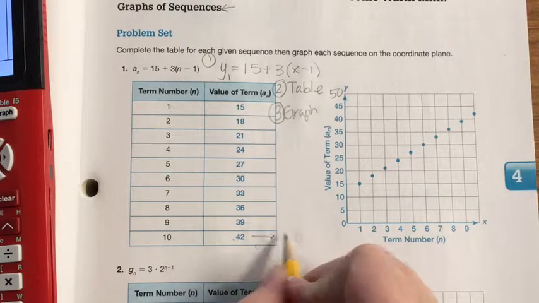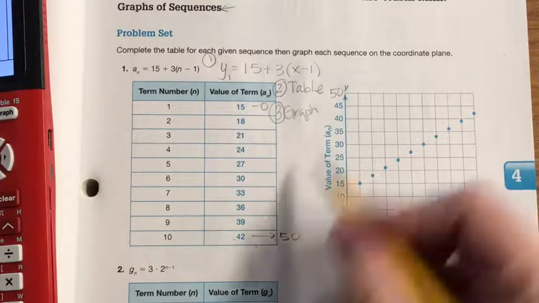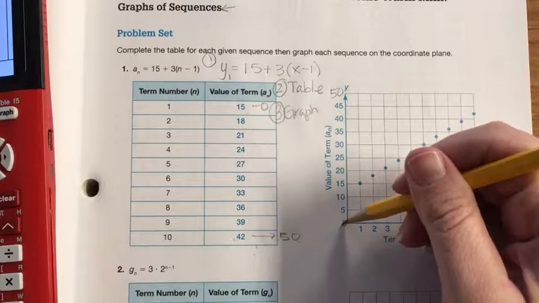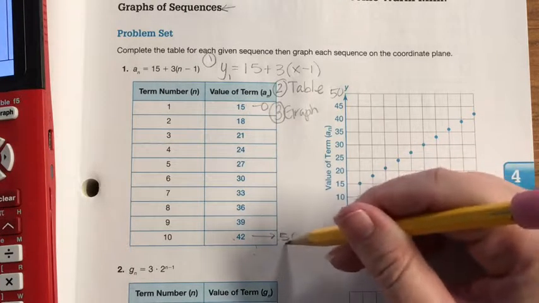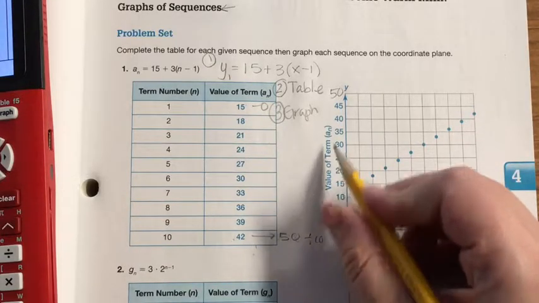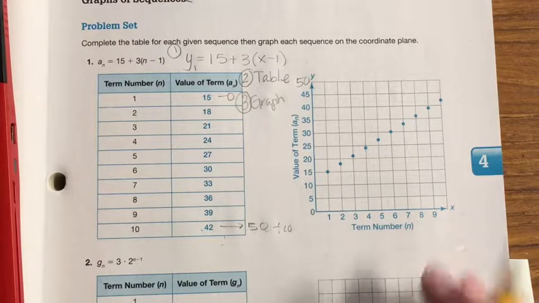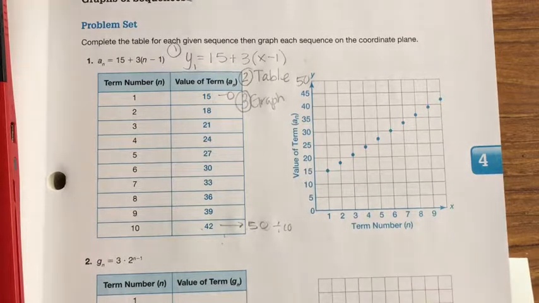So if we just round 42 to 50, and then we just said this was 0, then what they did is they split this entire graph, which has 10 lines, by 5s, right? Because they do this divided by 10. So each one of these are 5s, and then you graph the points, and that's all you do. Make sense? So the x's are always going to be the same, but the trick is when the y-axis goes all weird.